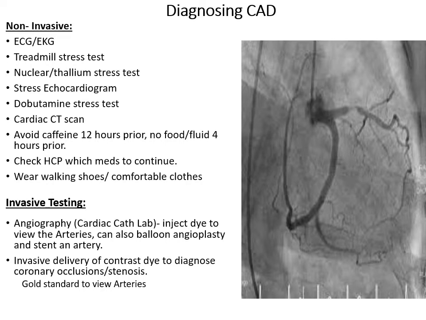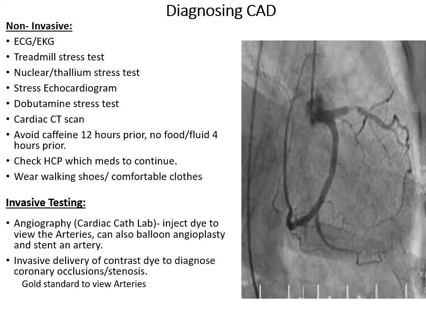Stress echocardiogram. We'll put you on a treadmill. We'll get you to run very, very fast, lie you down, and do an echocardiogram, which is an ultrasound of the heart, which tells us if there's abnormalities of the valves, if there's abnormalities of the heart pumping, if there's different parts of the myocardium that isn't pumping at all.